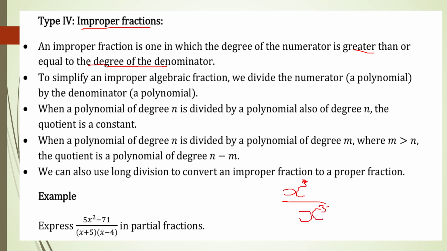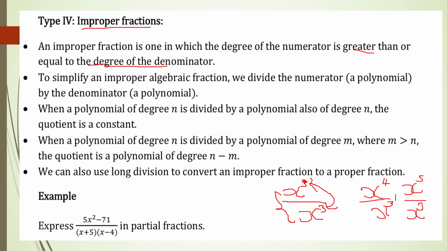since the degrees are equal on both of these polynomials, in the numerator and the denominator, we assume that this one is going to be an improper fraction, and you are going to solve it according to the methods applicable to improper partialization. Then also, if you're having a higher power, for example x power 4 or x power 5, and in your denominator you're having a lower degree than that, we're also going to consider that as an improper fraction.